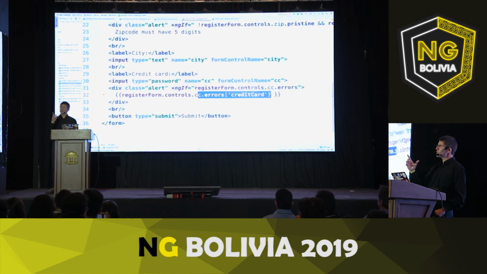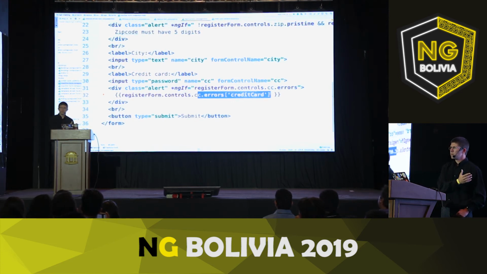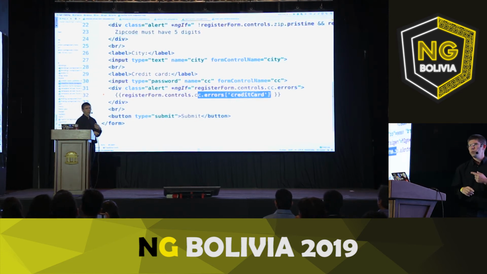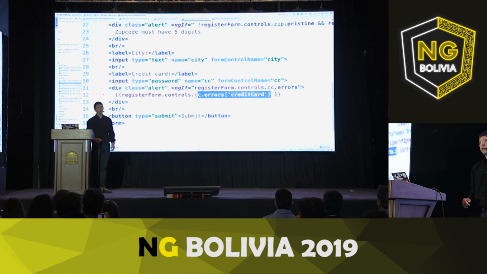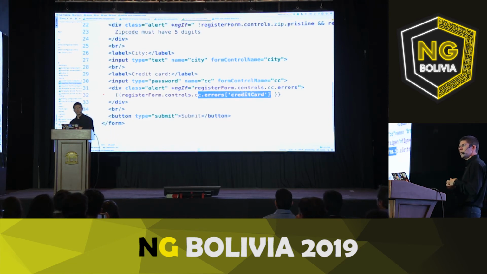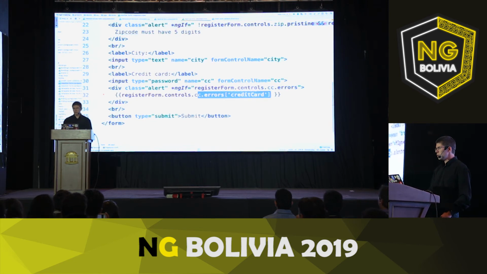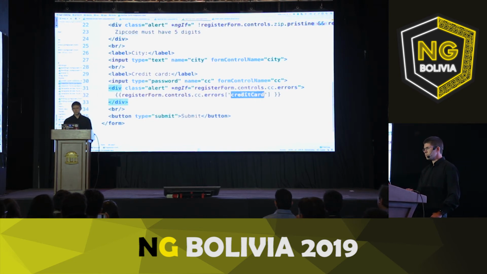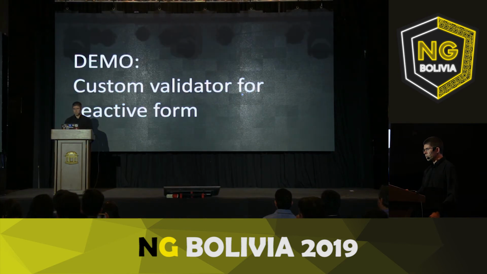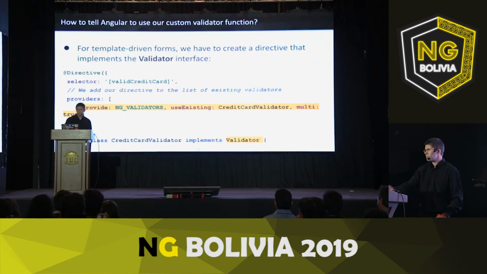That's how I get my custom message and display it. That way, if later on we have to add some new kinds of errors, we just change the validator function, and that's it. Then this is automatically going to use the right error message and display it. So we have a custom validator for a reactive form.